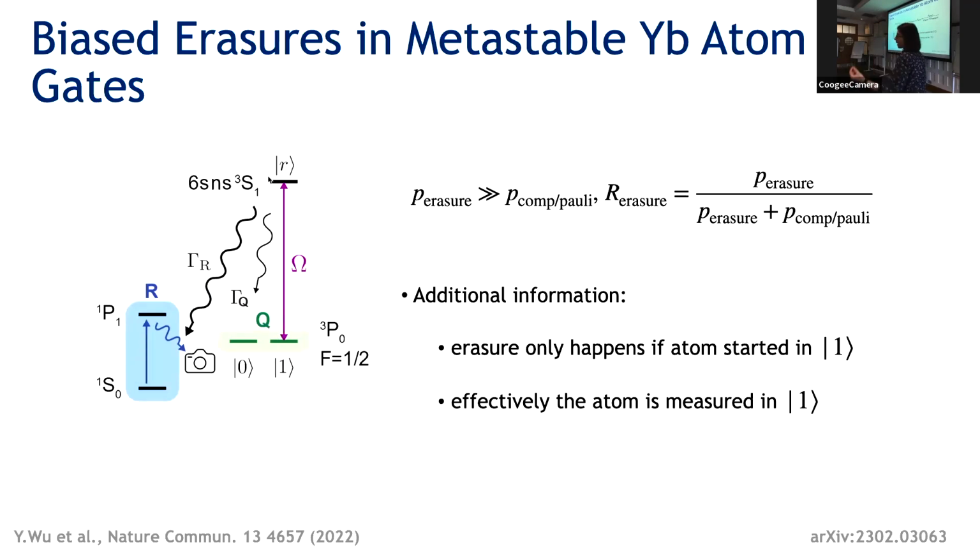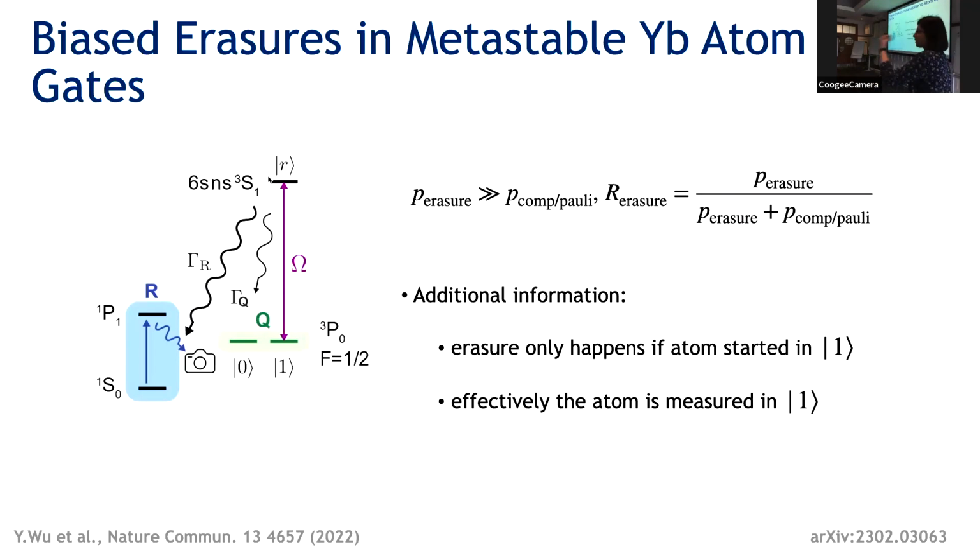So if you see that an atom has decayed to the ground state, that means it must have come from the Rydberg state, and the Rydberg state did come from the one state. So in effect, seeing population in the ground state is equivalent to knowing that your atom had actually started in the one state. Or equivalently, it's like measuring the atom in the one basis, in the z basis. If you see an erasure, that means the atom was 1. If you don't see an erasure, that means basically nothing happened.